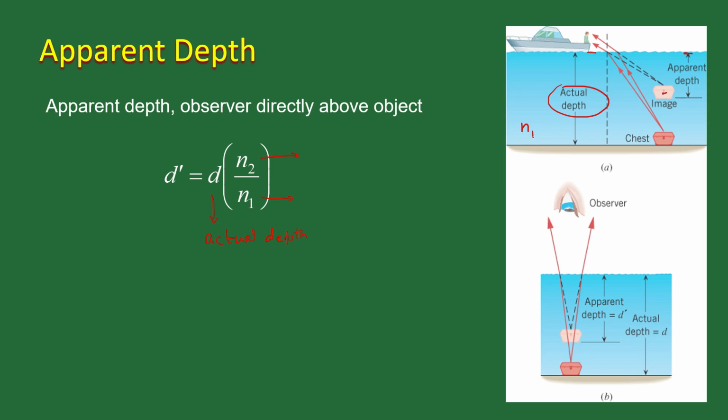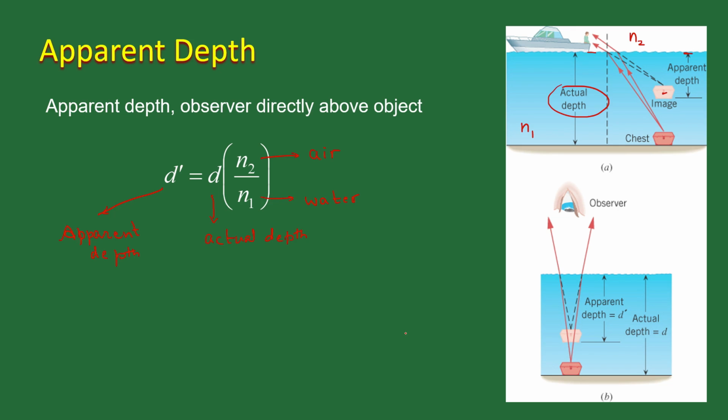So this is the first medium, and the light went out in air, so n2 would be the second medium. So in this case, n2 is the refractive index of air, and n1 is the refractive index of water. Okay, so using this formula we can get the apparent depth of an object in water.